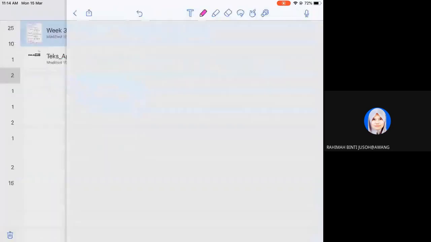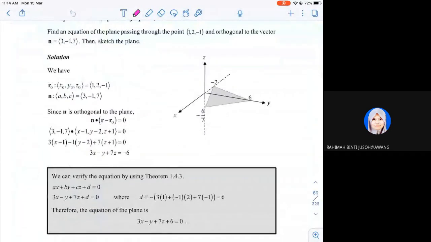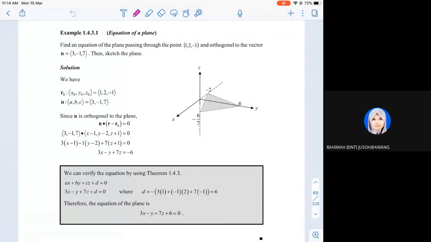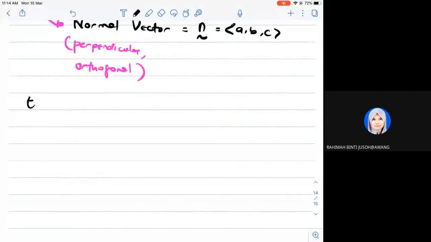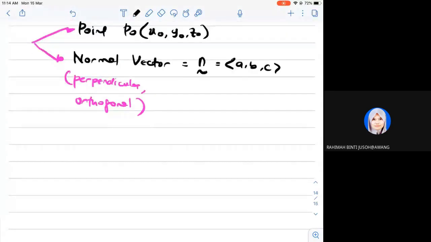Now, before that, I prefer students to use this formula for the equation of plane. Its origin is N dot R minus R0.